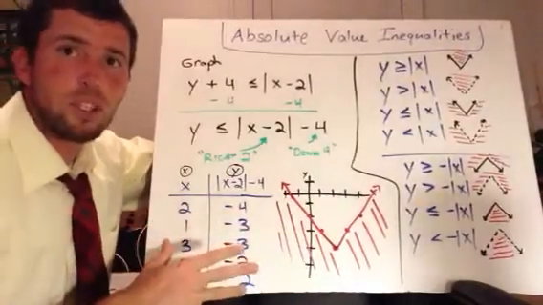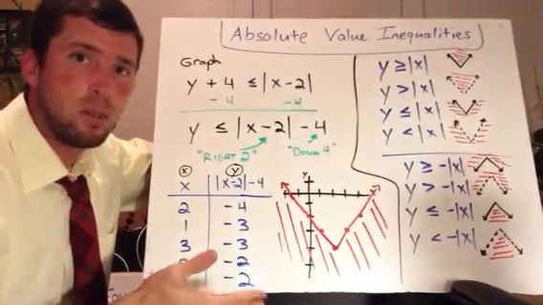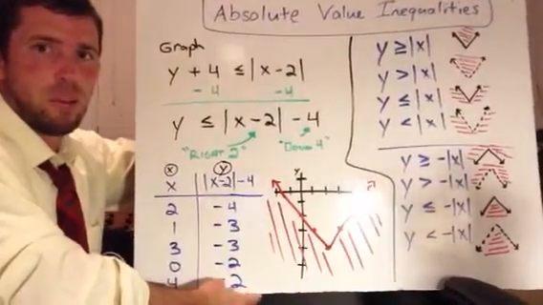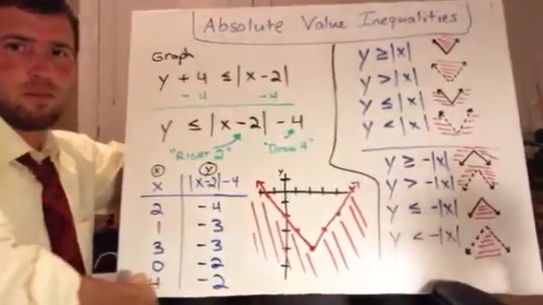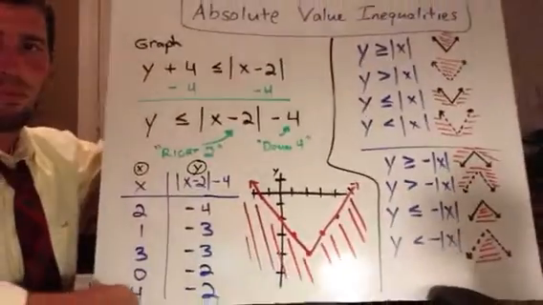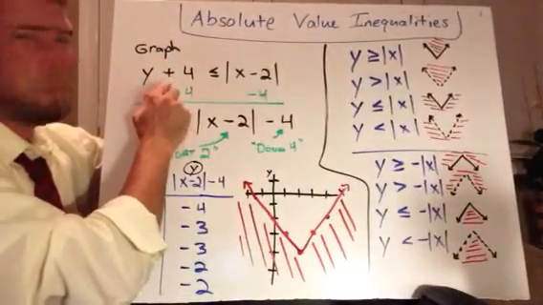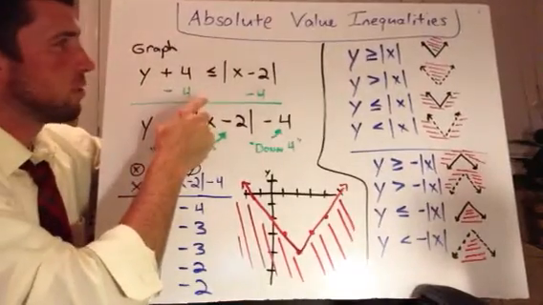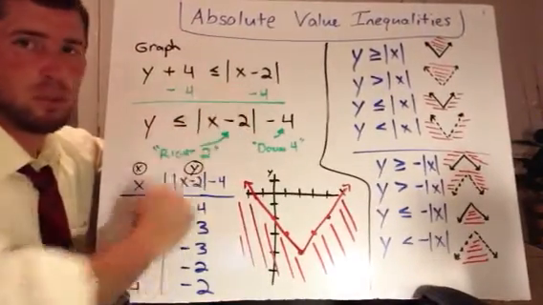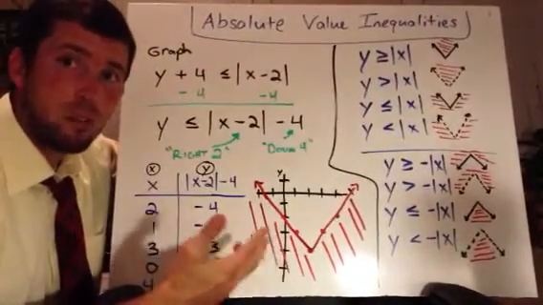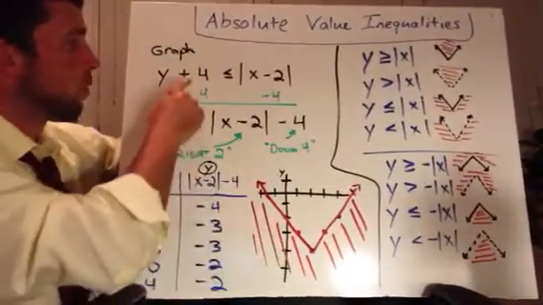We're going to graph some absolute value inequalities here. I got a busy board here. Let's see if I can avoid that glare. Okay, so at the top, it says graph y plus 4 is less than or equal to the absolute value of x minus 2. Well, first things first, I want to make sure that I isolate my y variable. So the 4 is in the way.